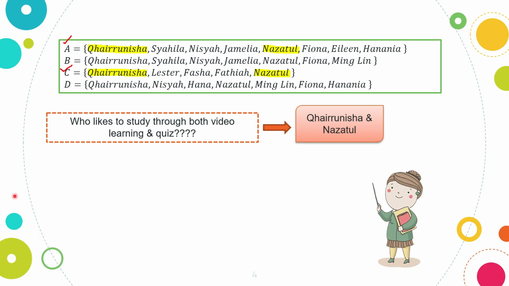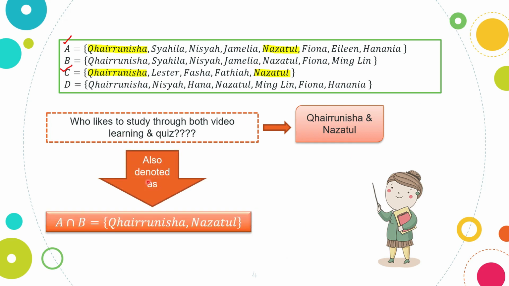Now, how do we convert Kairunisha and Nazatul into set notation? It can be denoted like this: A ∩ C equals, open curly bracket, Kairunisha, Nazatul.